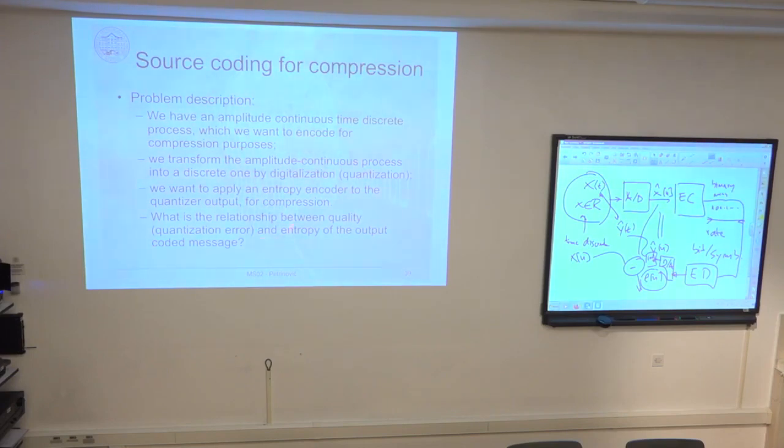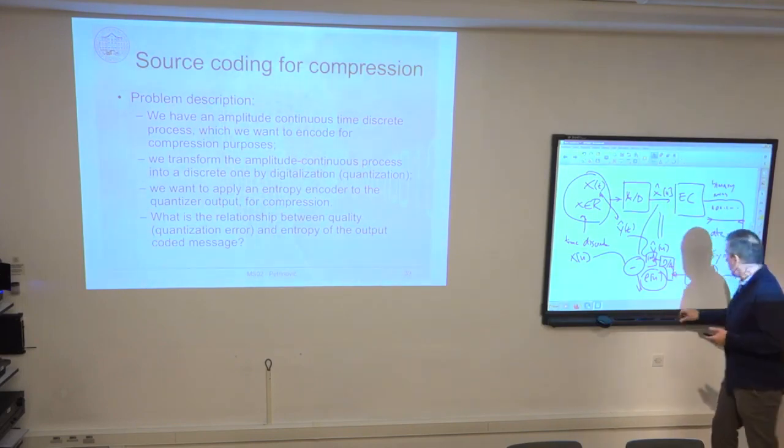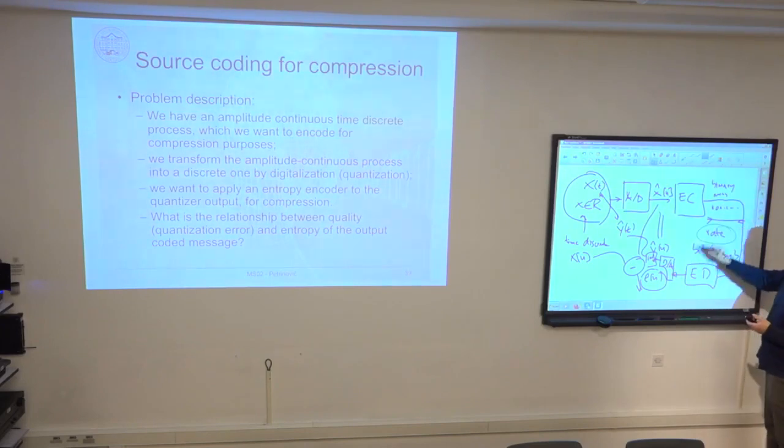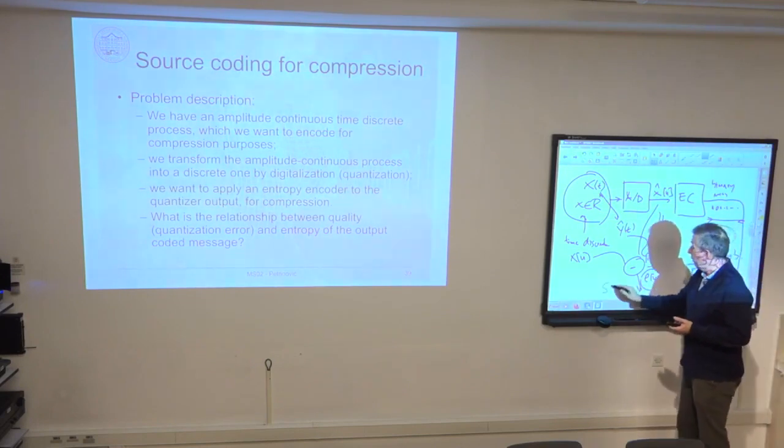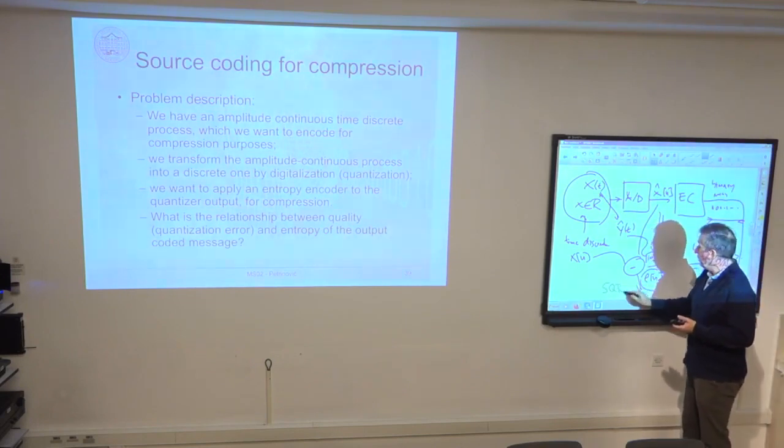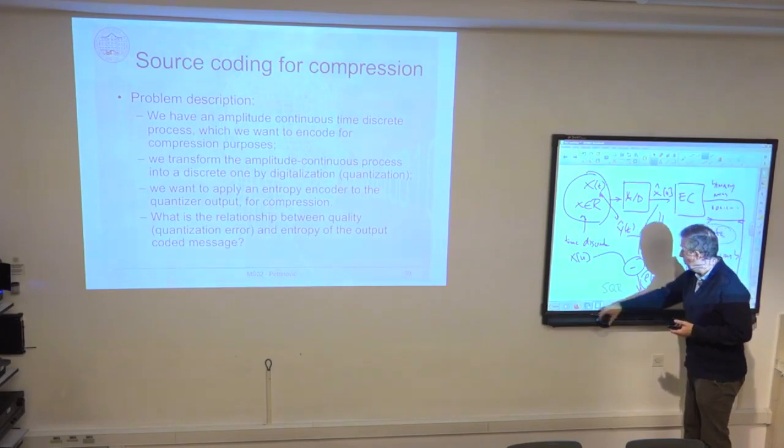Okay, so I want to apply the entropy coder in order to achieve compression. This entropy coder is here to achieve the compression. And I want to relate this rate, expressed as a number of bits per symbol, to the error, SQNR, signal to quantization noise ratio.